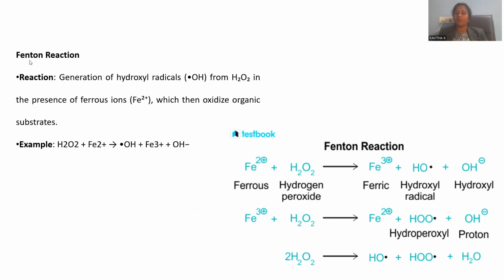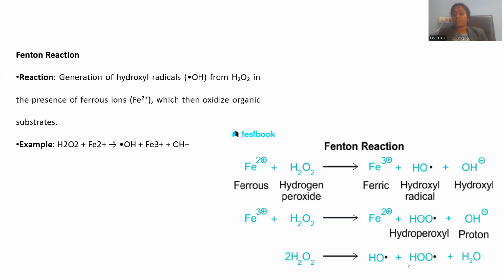You can observe Fenton's reagent, where ferrous ions are treated with hydrogen peroxide. Ultimately, ferrous turns into ferric, and a hydroxyl radical is originated. Ferric is further treated with hydrogen peroxide, and there is a formation of ferrous, and hydroperoxyl radicals will be originated.